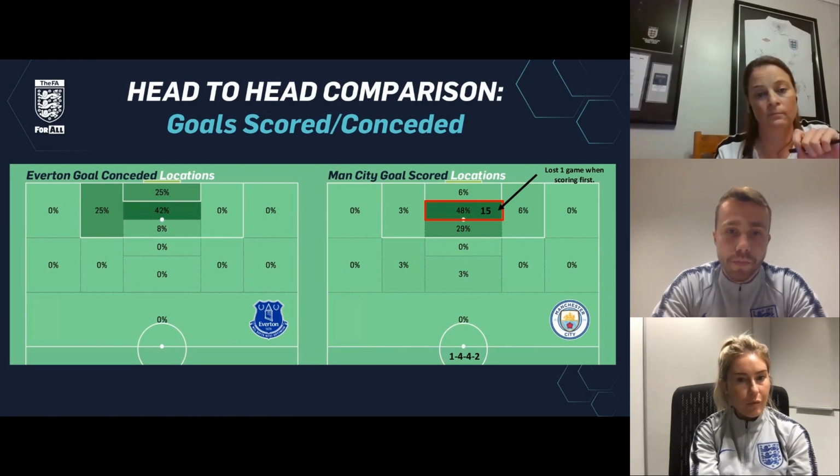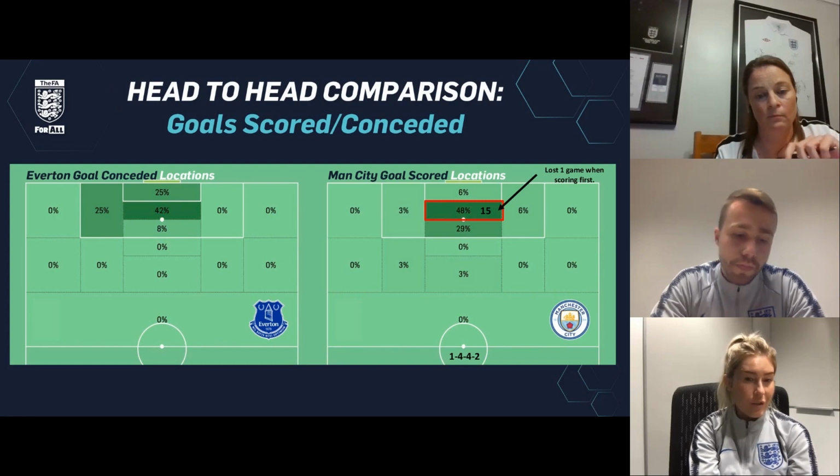It rarely got above 1 or 2 bodies across all those goals in the 48%. Whereas Everton, when we go on to their stats in a moment, only managed to score 3 goals inside that second 6-yard box. So there's a big difference and comparison between the two.